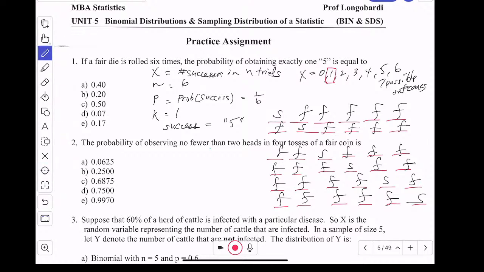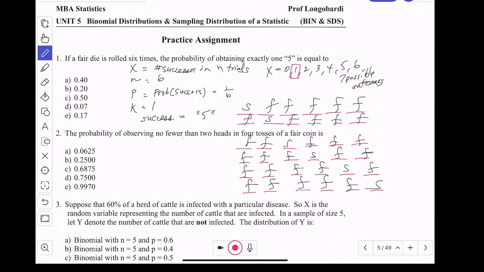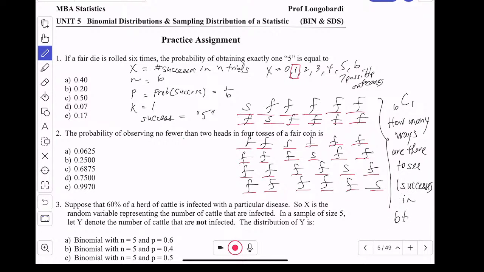I'll call it a trick. We have a formula. This is known as 6 choose 1. So this answers the question, how many ways are there to see 1 success in 6 tries?